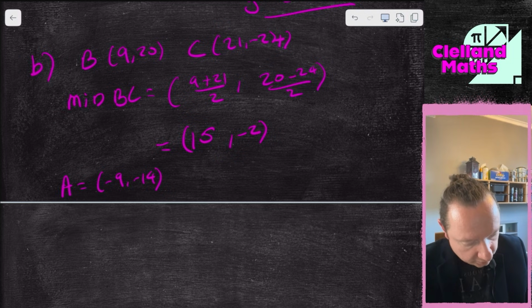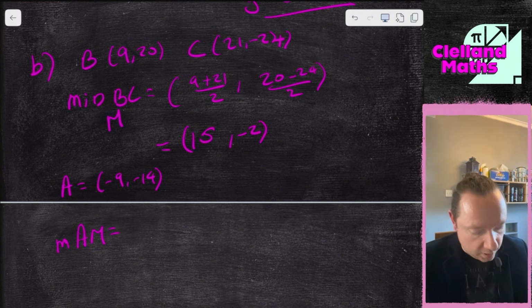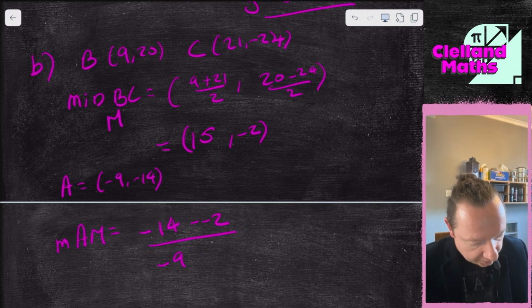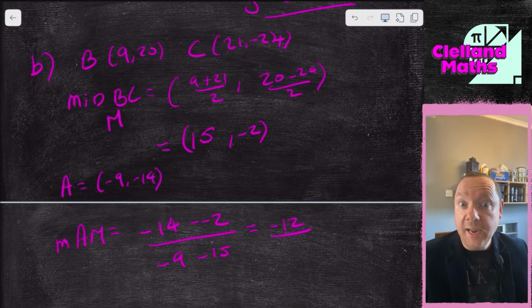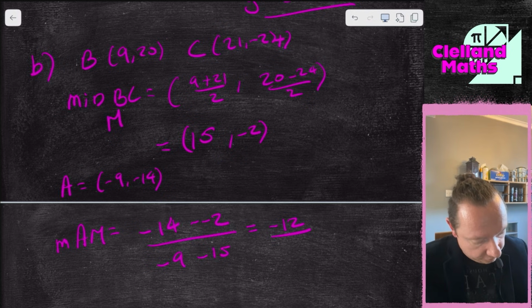Let's call the midpoint M. The gradient between A and M is y2 minus y1, so I'll just do minus 14 minus minus 2 over minus 9 minus 15. Minus 14 plus 2 is minus 12, and minus 9 minus 15 is minus 24, which leaves a half.